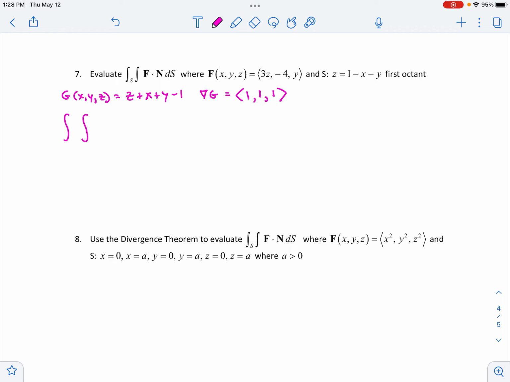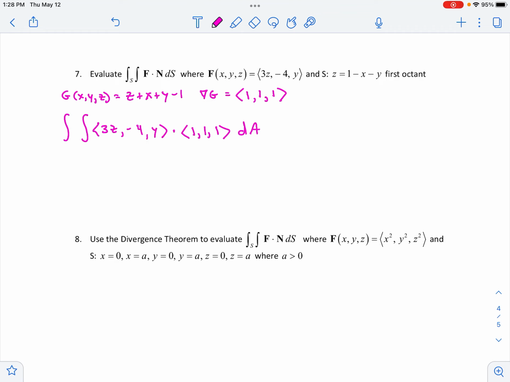I set this integral up this way. I take the vector field, and I dot product that with the gradient.